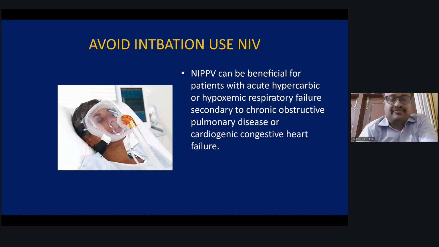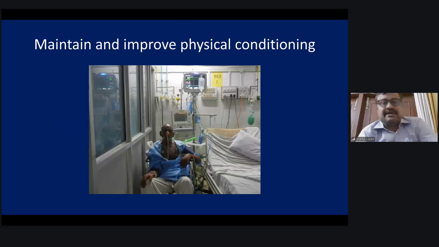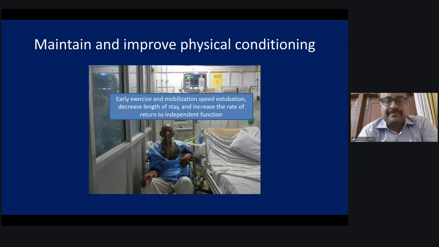Use NIV, but we should not avoid intubation to the extent that a delayed intubation causes the patient to aspirate. So we should detect the appropriate time for initiation of mechanical ventilation. The patient should be as mobile as possible. Bedside chest physiotherapy is very pertinent and important for preventing ventilator associated pneumonia.